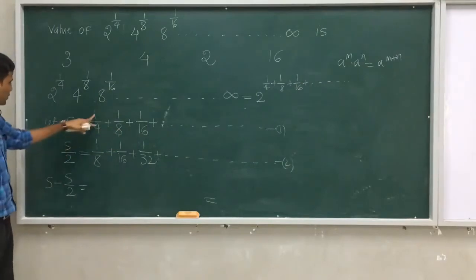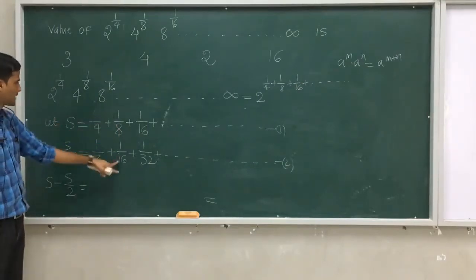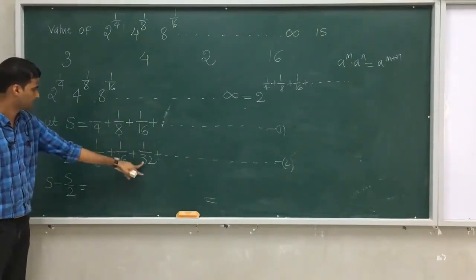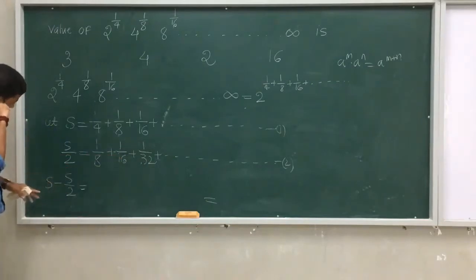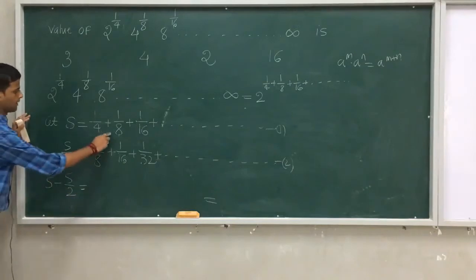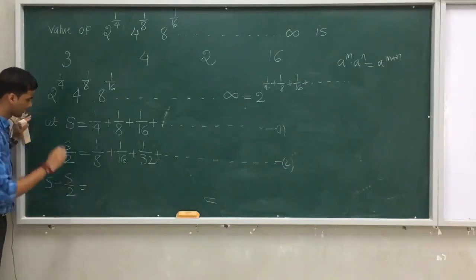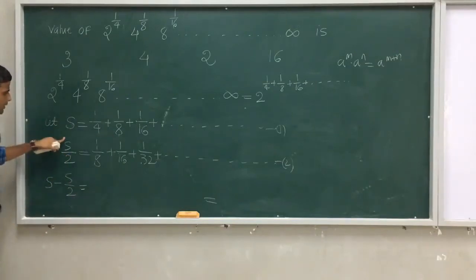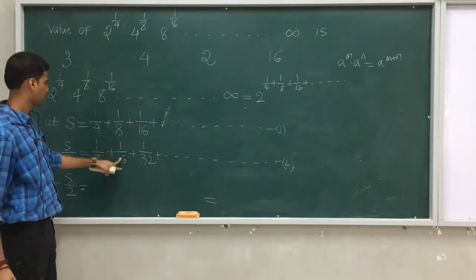Then s by 2 is 1/8, 1/16, 1/32. Now what if I cancel this out? So s minus s by 2 is nothing but 1/16 minus 1/16.